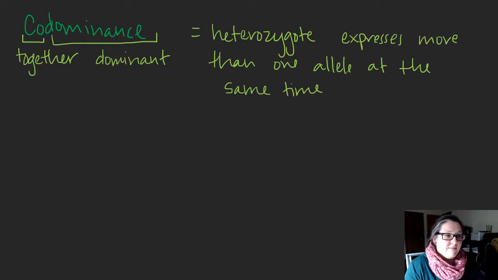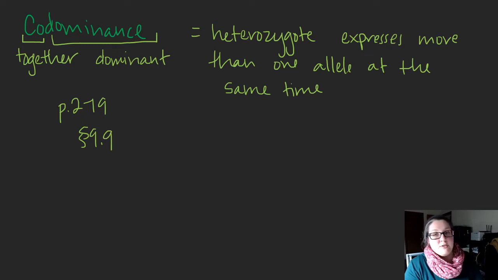So we don't have this masking effect where one is more dominant than the other. We actually see both equally. This definition is on page 279 in section 9.9, sorry, section 9.9. Page 279, that's the definition of codominance.